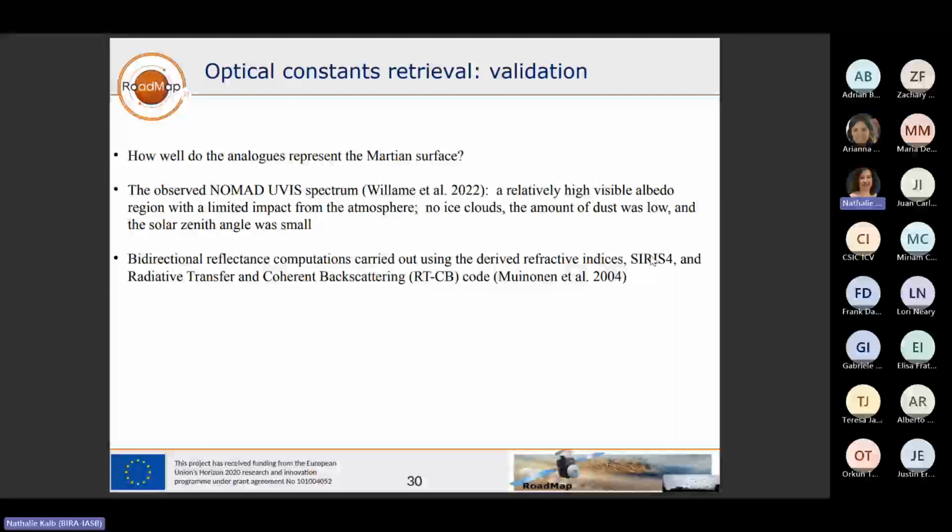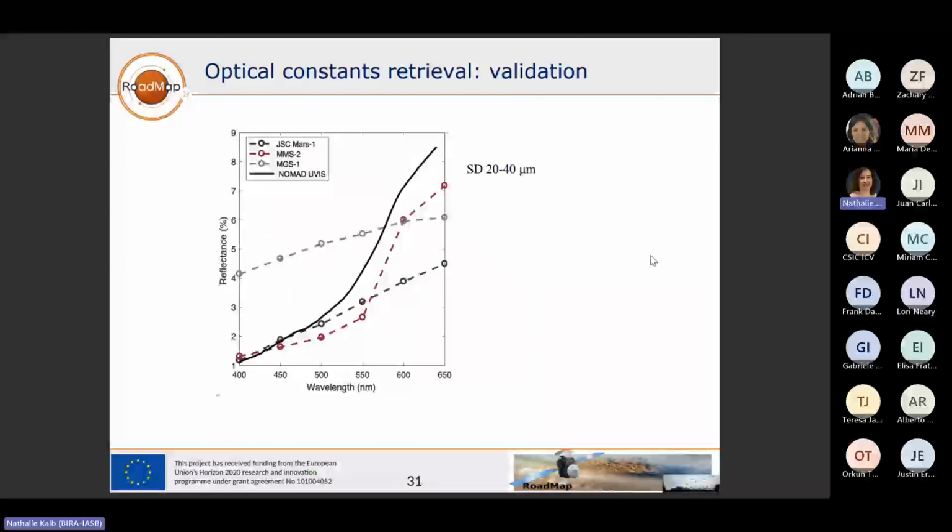So in this case, we again use the derived refractive indices and the series 4 to get the single scattering properties and put them into the multiple scattering code. This code can also compute scattering from a certain angle, so we use that in our model.